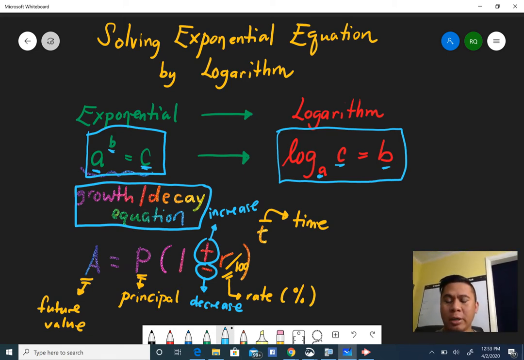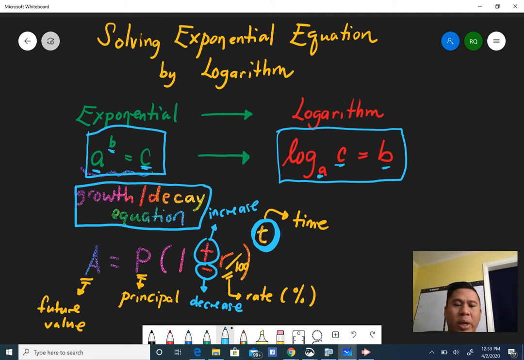As we may see, any exponential growth or decay equation of the form A equals P times (1 plus or minus r over 100) raised to the t power will always be an exponential, which means that if we always want to solve for the time or the exponent, then we have to express this particular exponential in terms of logarithms.